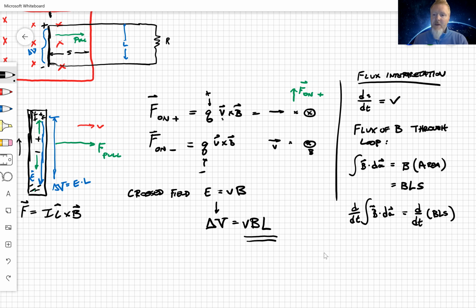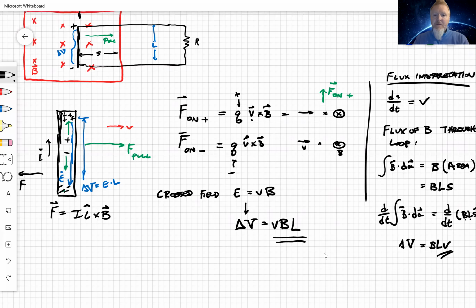And lo and behold, the only thing that's changing here is not B and it's not L, it must be S. So the d by dt is going to comb through and find the thing that's changing. So this, in fact, is BLV, or if you like, VBL, and that's how you find your voltage via the flux method. So this gives rise to Faraday's law.